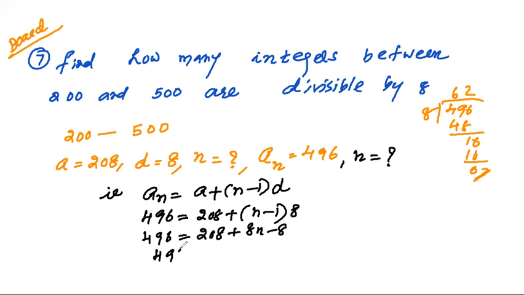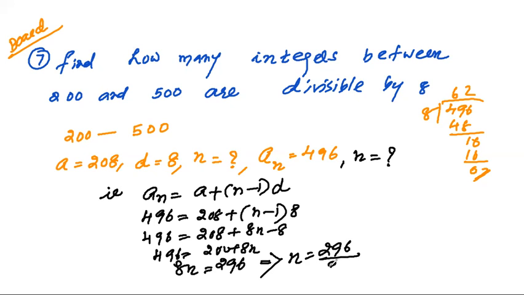So 496 is equal to 208 minus 8, which is 200, plus 8n. So 8n will become 496 minus 200, which is equal to 296. So n is equal to 296 divided by 8, which is 37.